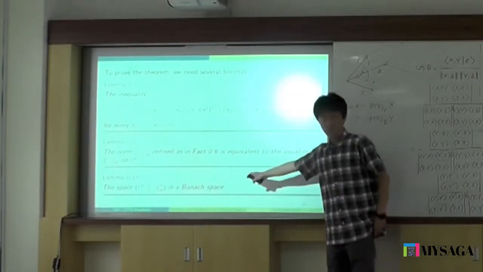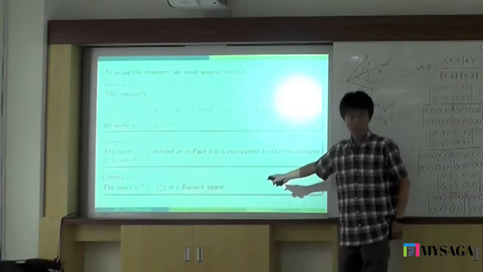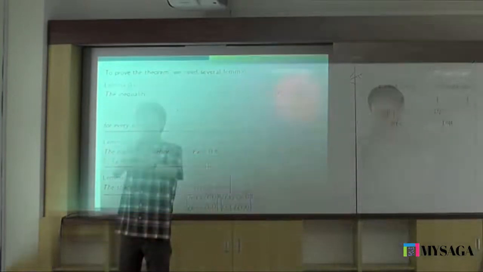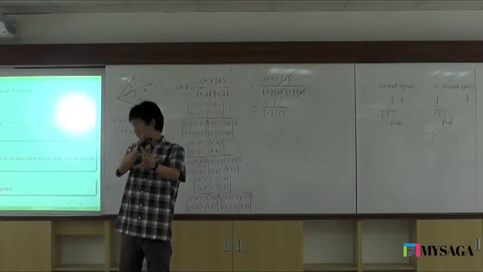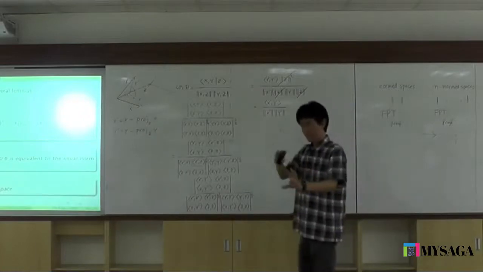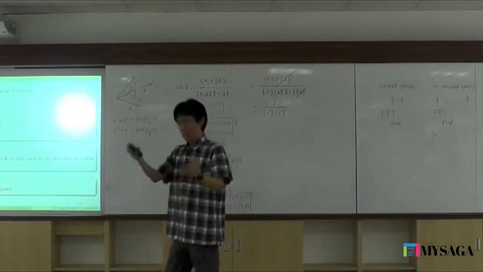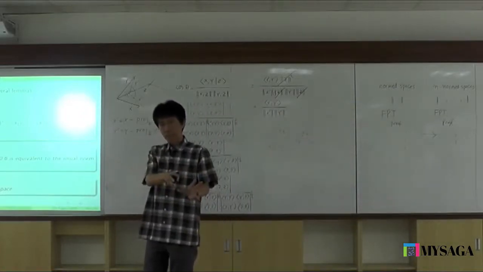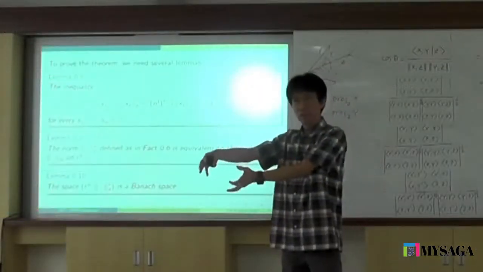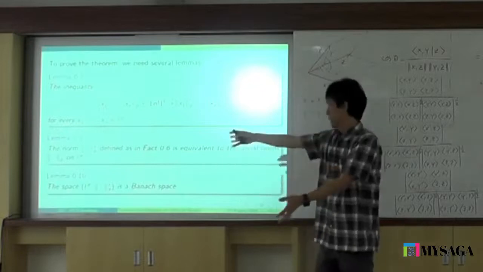And then with that, LP equipped with this norm is also complete. Take a Cauchy sequence here. The Cauchy sequence will also be a Cauchy sequence in LP with the original norm, and so this converges in LP with the original norm, but the limit should also be the limit in this norm.